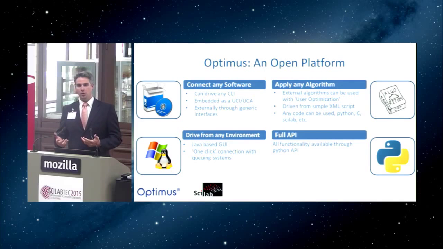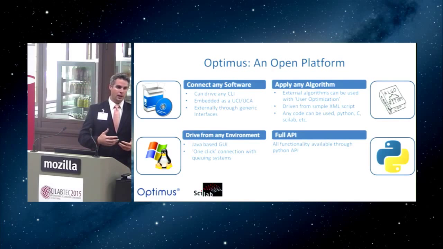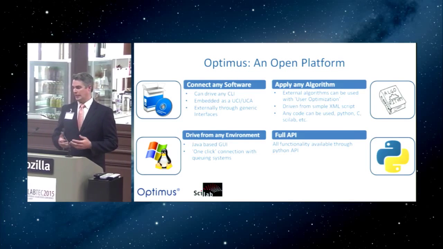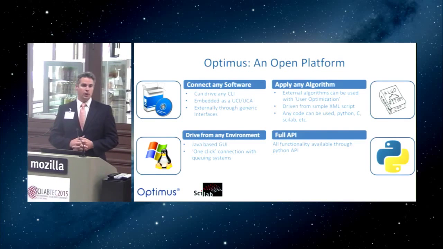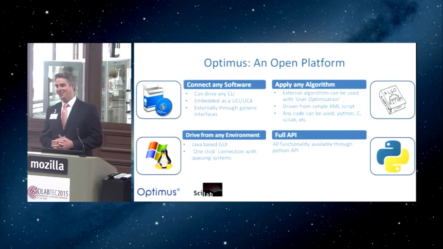We have a very simple XML format that allows us to communicate with external software. And so when we sat down to actually begin integrating with Scilab, we were able to pull this Scilab package inside of Optimus within realistically about 2 days worth of development time, and that was with engineers developing and not developers developing. So we probably gave ourselves an extra day on that.